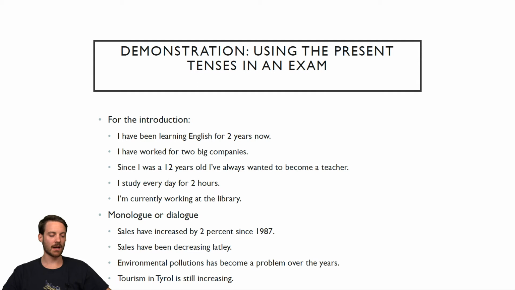I have been learning English for 2 years now. The focus is on the action, learning for 2 years now. You're still learning English, of course, but until now you have been learning English for 2 years.